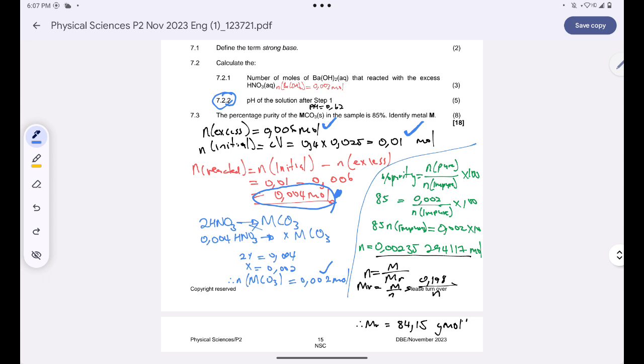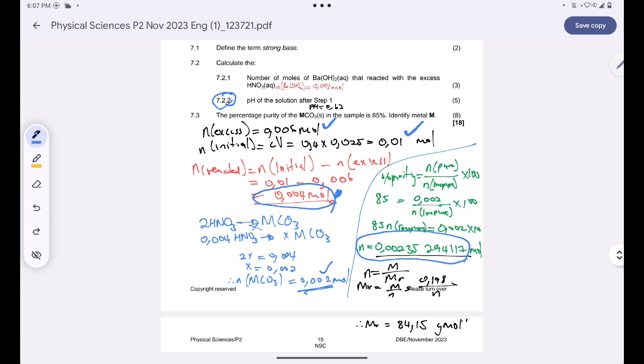It will never react with the impure part. So I know the number of moles which were pure. But I was given the percentage purity. I used the percentage purity to find the impure number of moles.